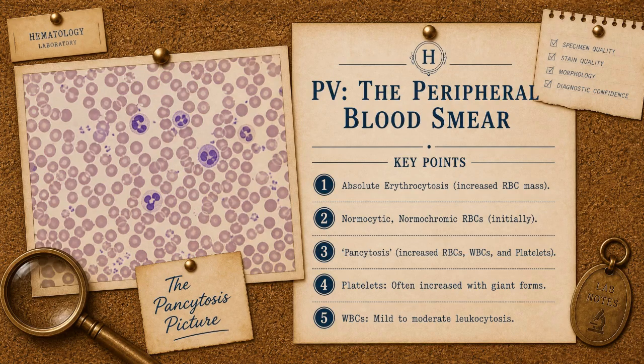Thrombocytosis, an increased platelet count, is also common. Your role here is to meticulously document the degree of erythrocytosis, note any changes in red cell morphology, and accurately assess the white blood cell and platelet populations. Next, we'll take a peek into the bone marrow in PV.